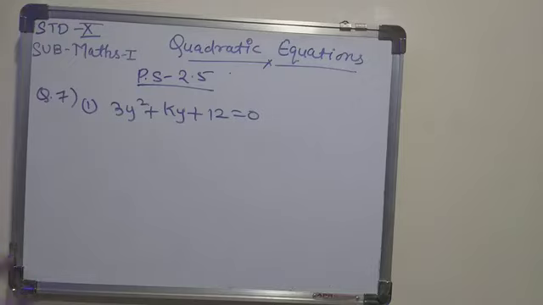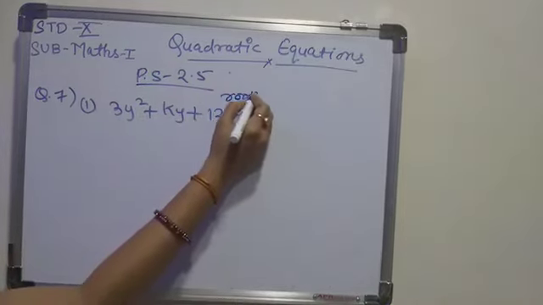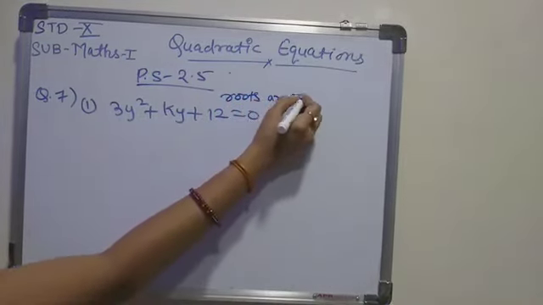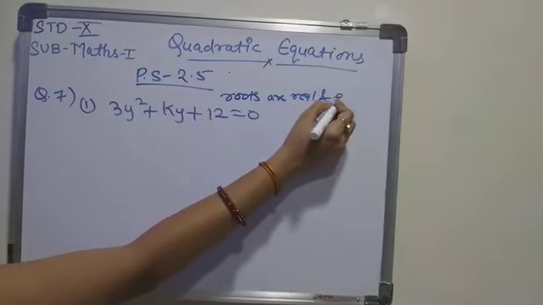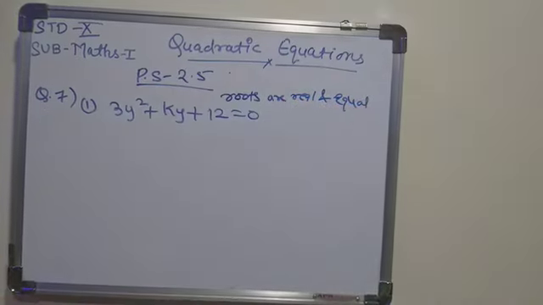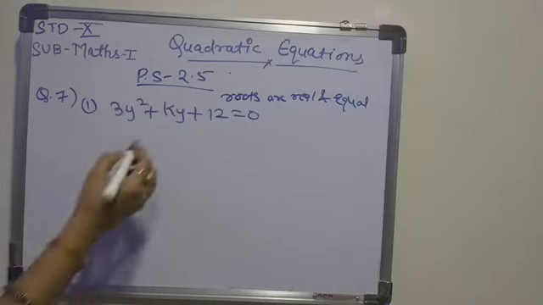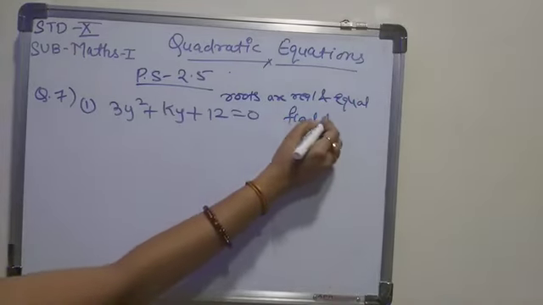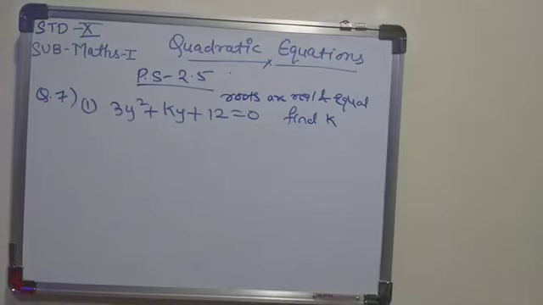So here roots are real and equal, right? We have to find the value of k. So in the nature of the root, we have started. See, when roots are real and equal, when your discriminant value means your delta, means your b square minus 4ac value is equals to 0, then your roots are real and equal, right?